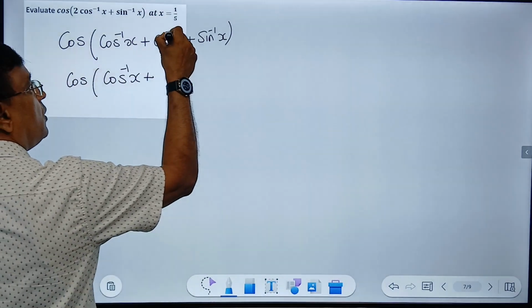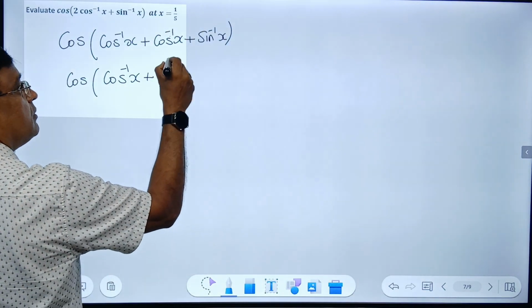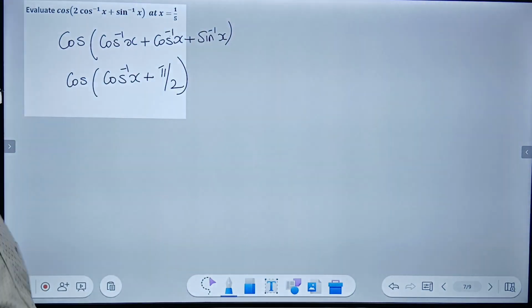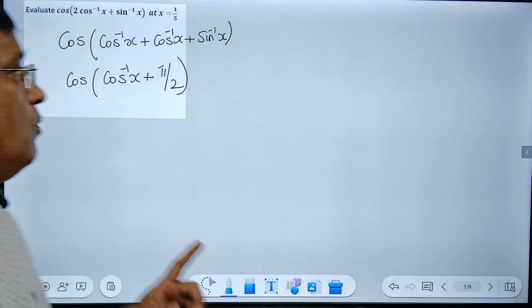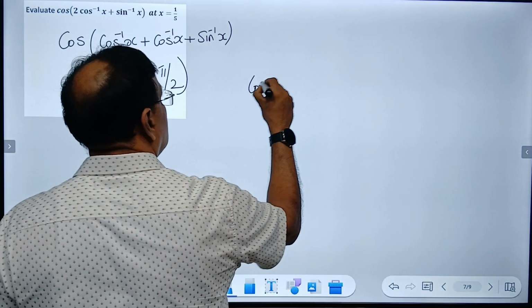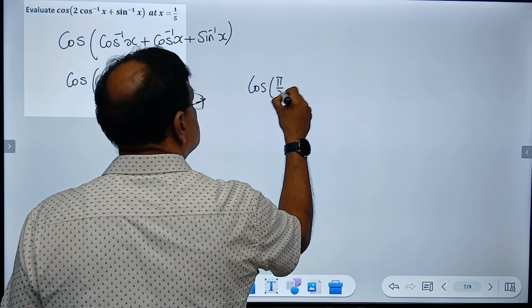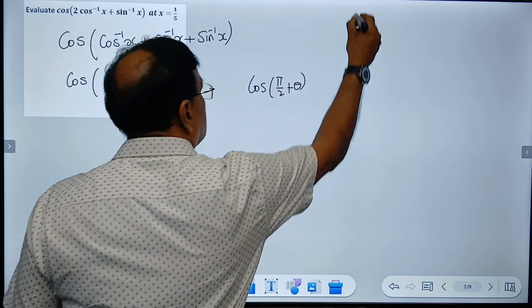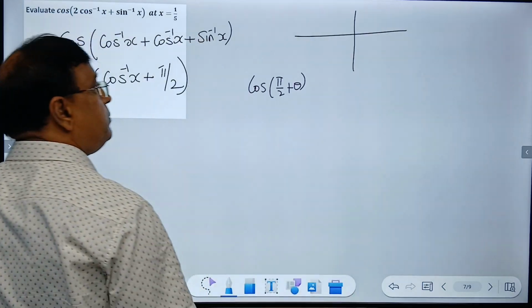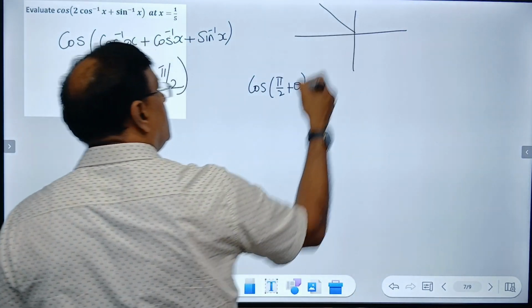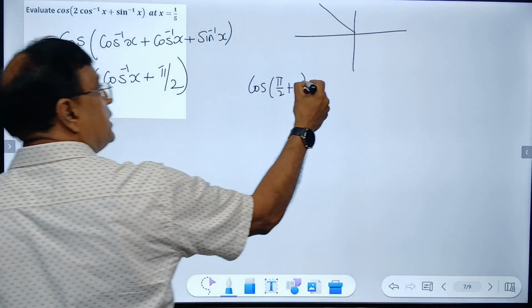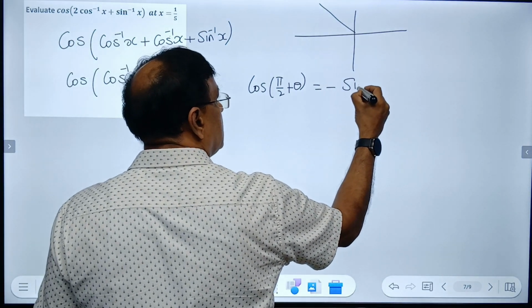Okay. Now this is cos of pi by 2 plus cos inverse x, because what is cos inverse x plus sin inverse x? It is pi by 2. Isn't it? Very, very simple. Now what is cos of 90 plus theta? Cos 90 plus theta is in the second quadrant. In the second quadrant, cos is negative. Cos will become sin.